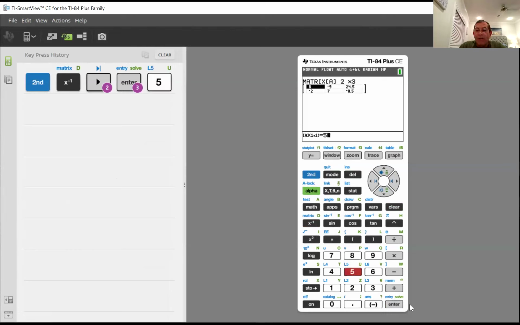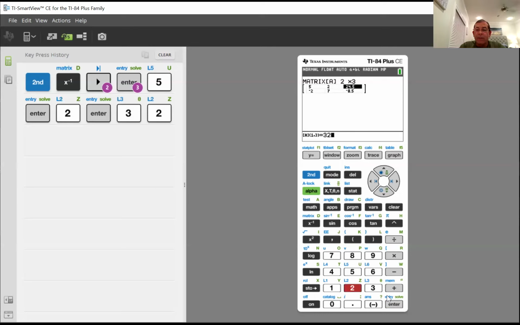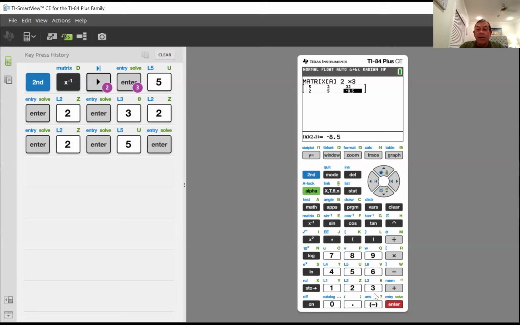So that'll be 5 enter. 2y will be 2 enter. And then 32 for the first answer. Enter. Second row, I had 2x. So 2 enter. 5y would be 5 enter. And then 38 and enter. So all my numbers are showing on the screen.